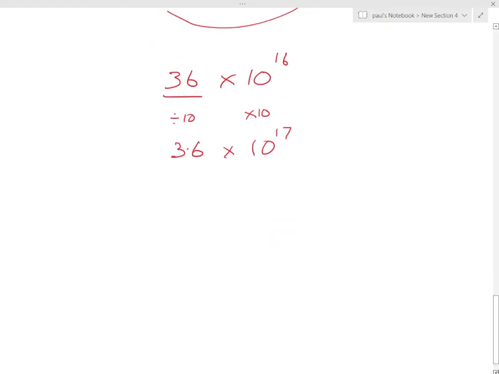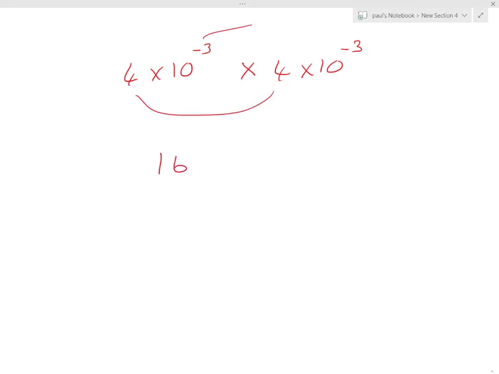So let's do this again. 4 times 10 to the minus 3, times 4 times 10 to the minus 3. So 4 times 4 is 16. 10 to the minus 3 times 10 to the minus 3, remember we're adding these two together, is 10 to the minus 6.